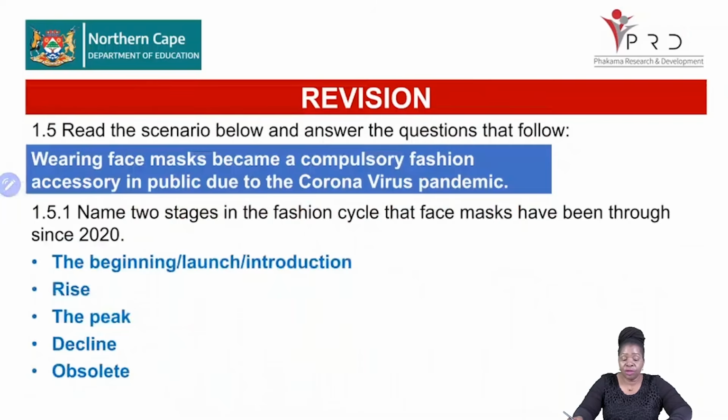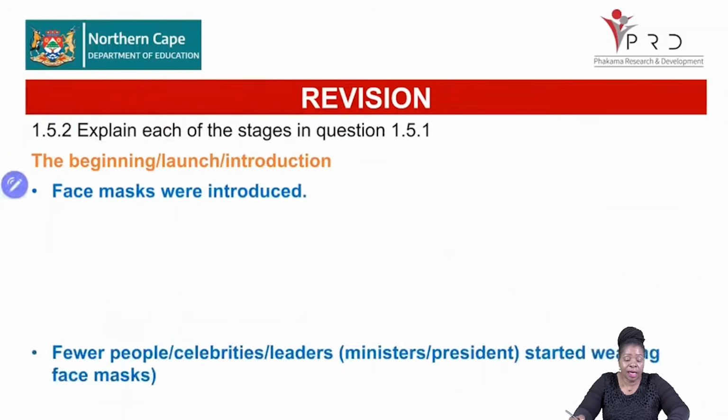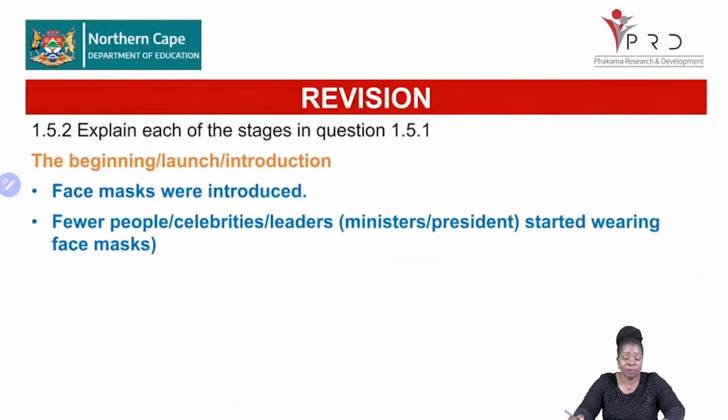Right, let's move on to the next question. It says, explain each of the stages in question 1.5.1 above. Firstly, the first stage, the beginning, the launch, or the introduction. This is when face masks were introduced and a few people, celebrities, leaders, ministers, and even the president started wearing the face mask.